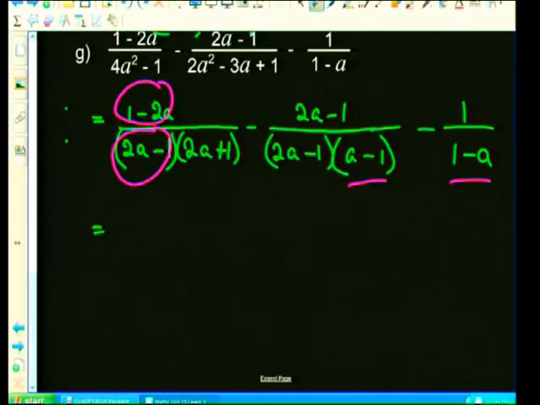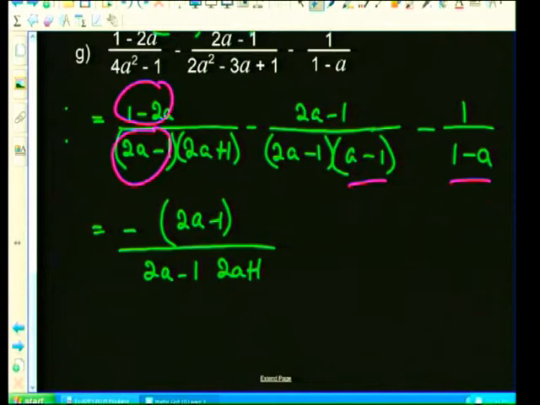I'm going to use switch around to help us simplify the question before we even get a denominator. Here we go. I'm going to write this as minus into 2a minus 1. And that's going to be over 2a minus 1, 2a plus 1.